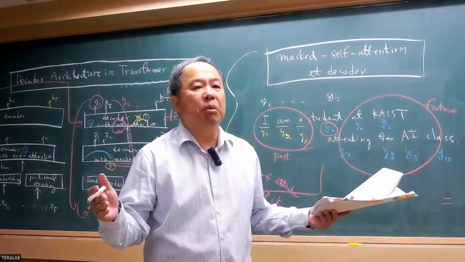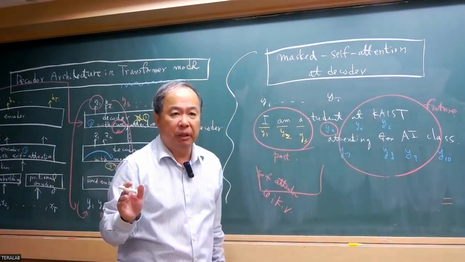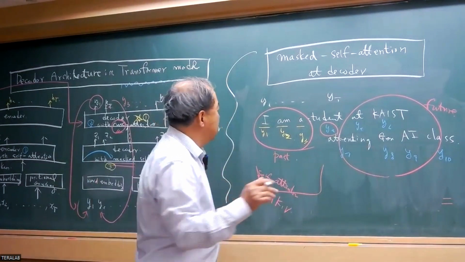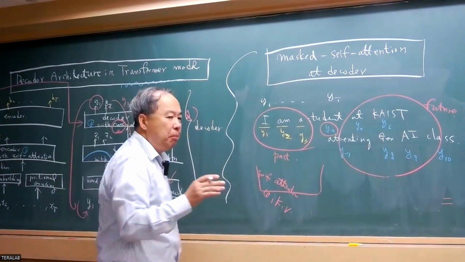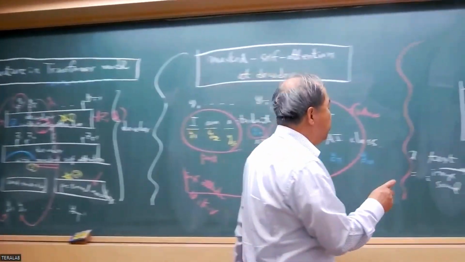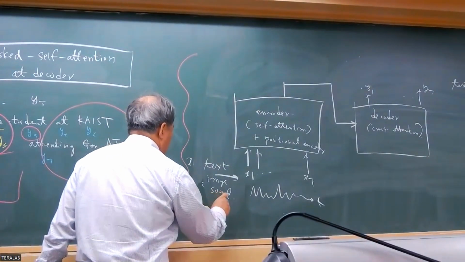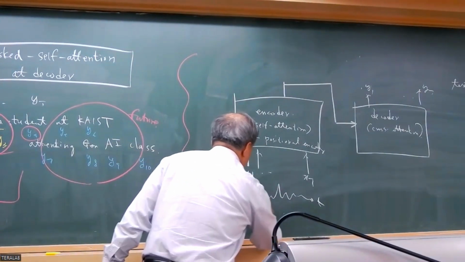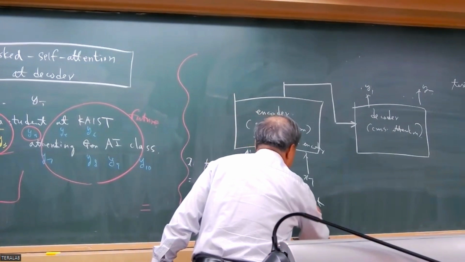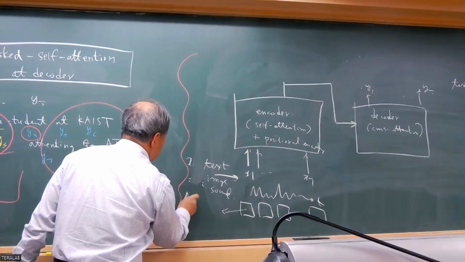Of course, the data size is much bigger than text. So a 512-dimensional vector may not be enough. The size of the token may be a million-dimensional vector or something like that. This could also be a sequence of images, and each image may be converted to a picture encoding.